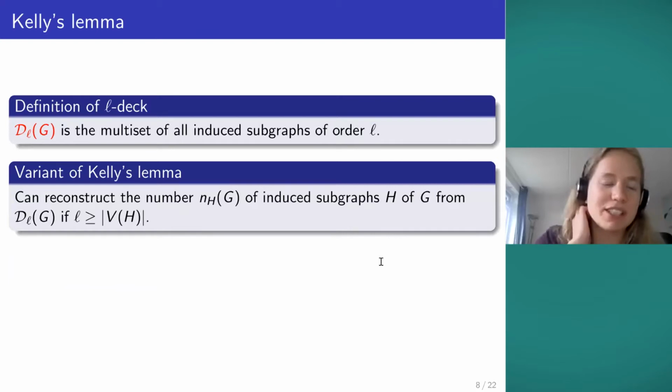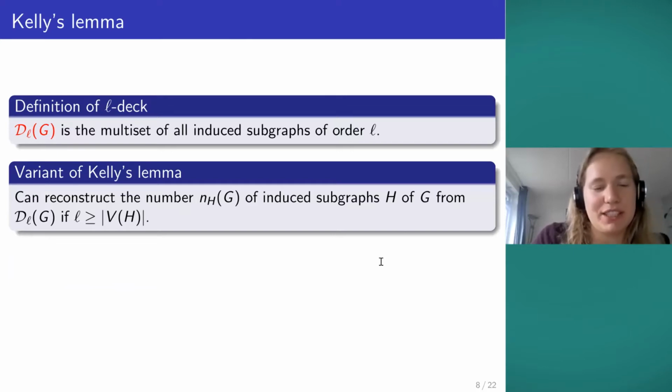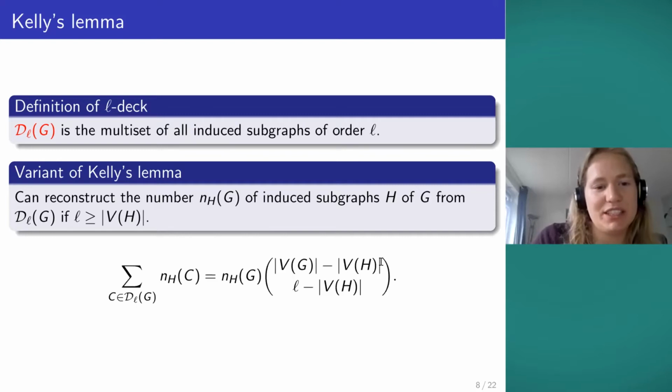Okay, so let me first tell you a little bit about how to get subgraph counts. There's something called Kelly's lemma, and this basically tells you how to get the number of induced subgraphs in the graph from the L-deck. Kelly's lemma was stated in the original setup, but you can easily adjust the proof to this case.